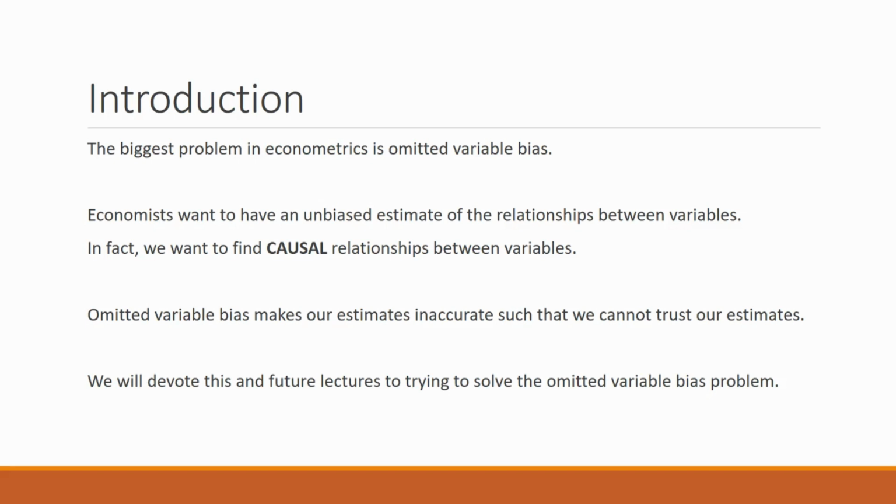We want to know what is the causal effect that X has on Y. How does X cause a change in Y? But one of the biggest barriers to that is omitted variable bias. Omitted variable bias is the bias that's caused when we exclude relevant variables from our regression, and those variables are also correlated with the independent variable that we are interested in. So we want to try to solve that problem.